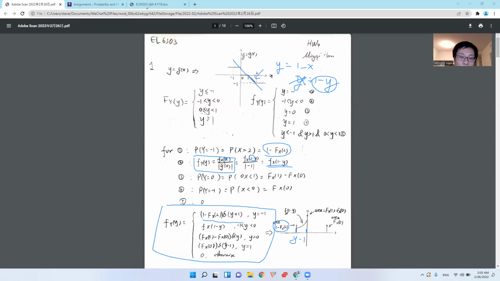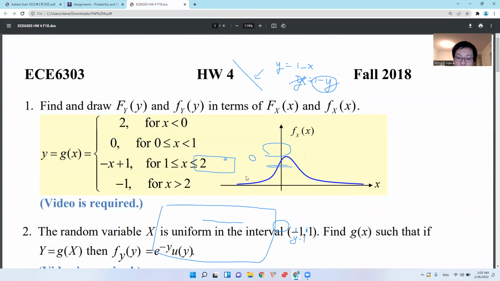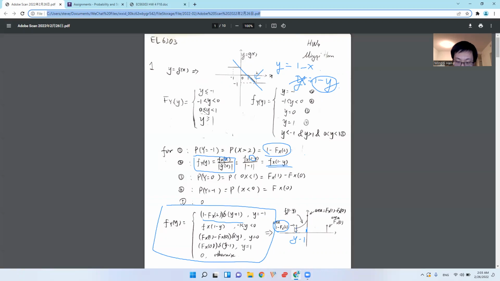Because we do not have the exact value of fx, just a graph, we can draw it like this, as it is implied. For the other parts, it's just like this part. We have the area of this and the area of this, and that's the graph of the probability density function of y.